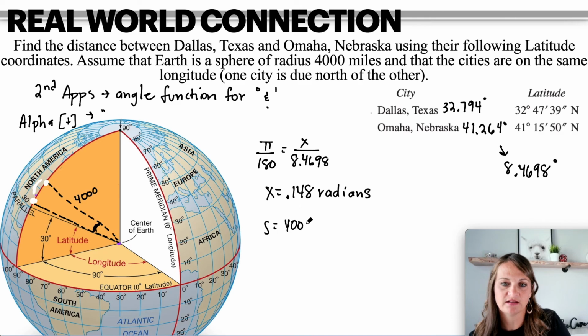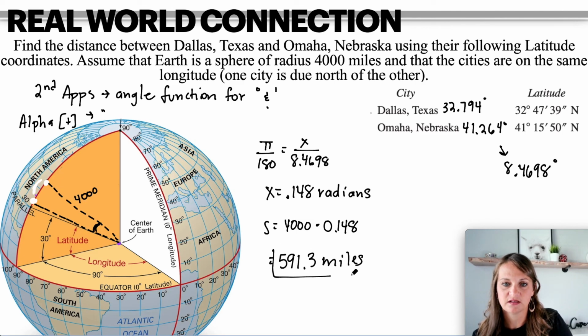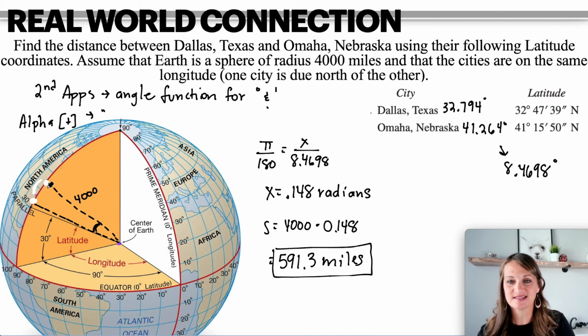So 4,000 times 0.148. That means that the distance from Omaha to Dallas is 591.3 miles. Because you have to take into consideration that there is a slight arc because of the surface of the Earth.